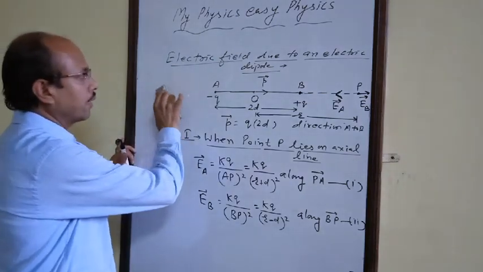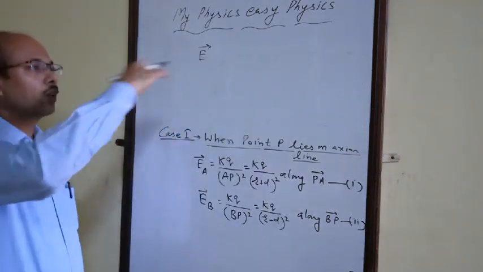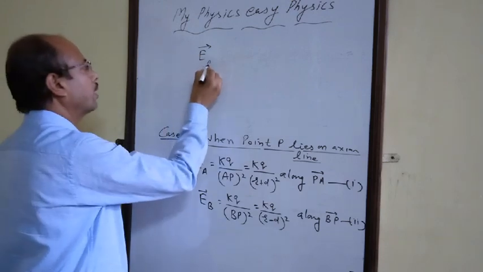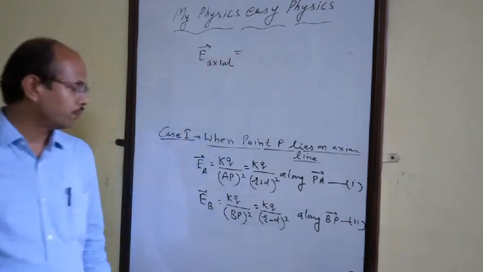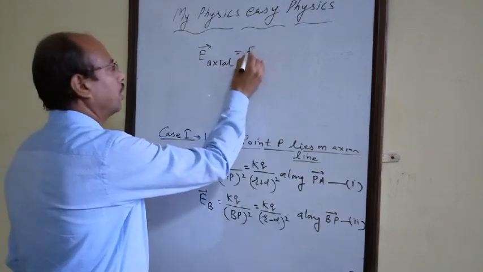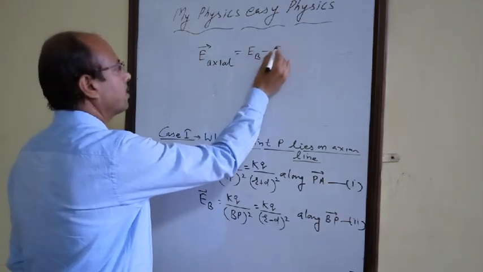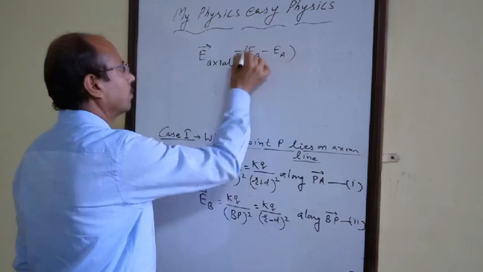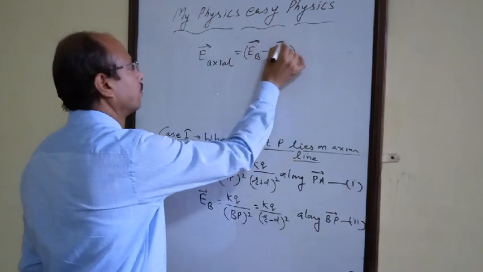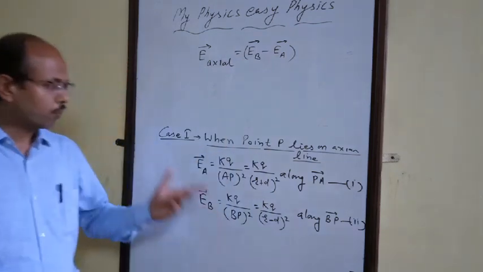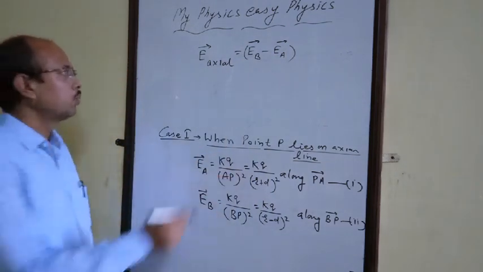Now I am removing this diagram. We are finding the field on the axial line, therefore we can represent it as E axial equals EB minus EA. We can put the values from equations 1 and 2.